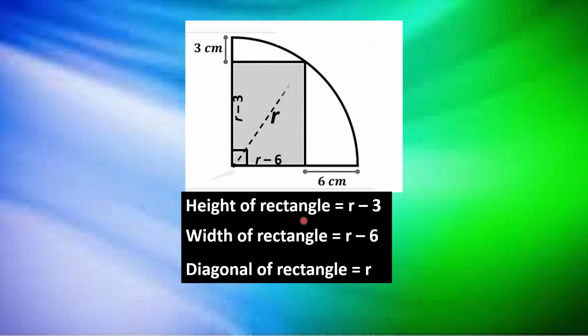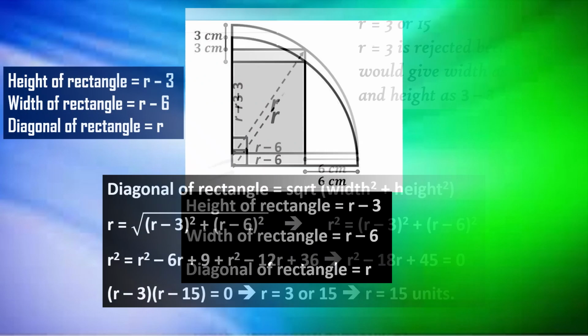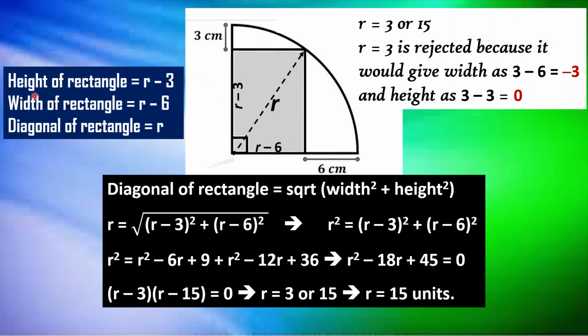So height of the rectangle r minus 3, width of the rectangle r minus 6, and the diagonal is r.